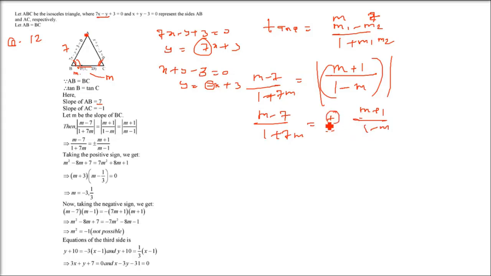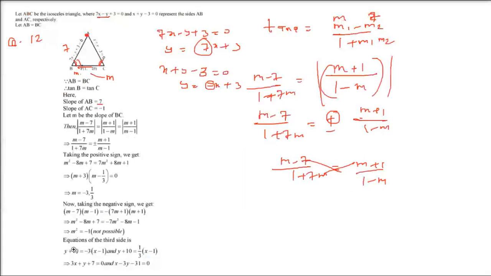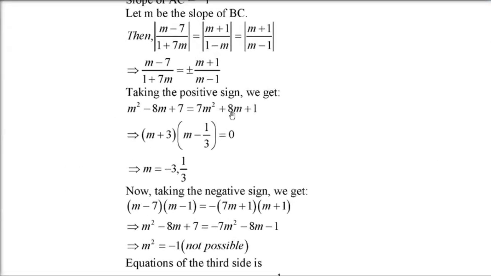When you take plus, I hope you'll be able to solve it. Just cross multiply, and there will be a quadratic equation, so there will be two roots. When you find the roots, m is going to be minus 3 and 1 by 3.